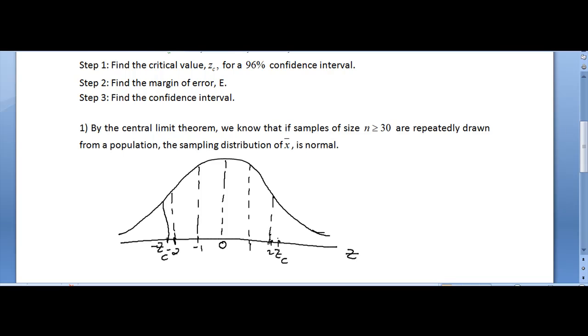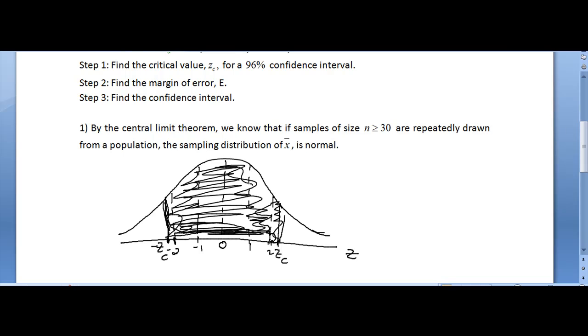So we want to find minus ZC and plus ZC so that 96% of the area is between these two values. So this area in the middle of minus ZC and plus ZC is 96%. And we want to find the minus ZC and ZC that would give us that area.